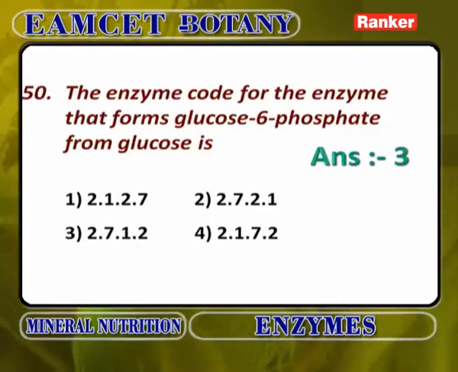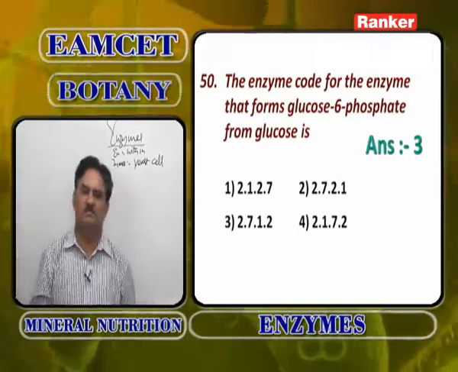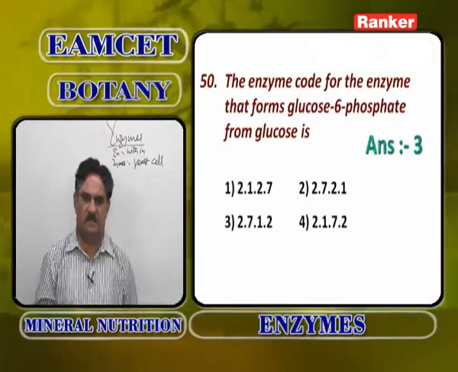The enzyme code for the enzyme that forms glucose 6-phosphate from glucose. The enzyme that forms glucose 6-phosphate from glucose is glucose 6-phosphotransferase.